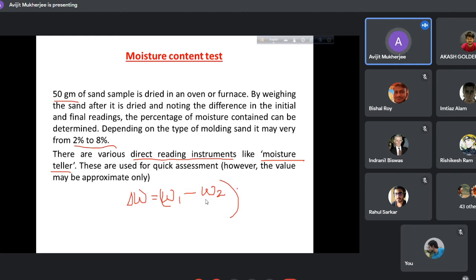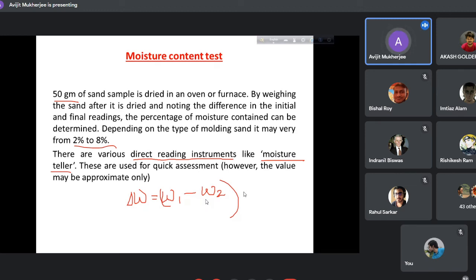Or you may also use a chemical apparatus, chemical as well as mechanical. In a short cylinder, you pour some amount of sample, then add some calcium carbide, CaC2, and then tighten the cylinder and shake well for some time.